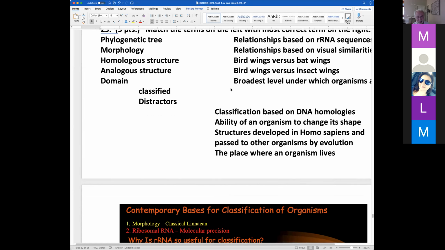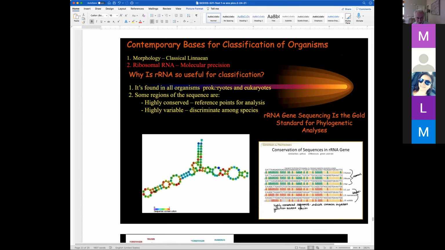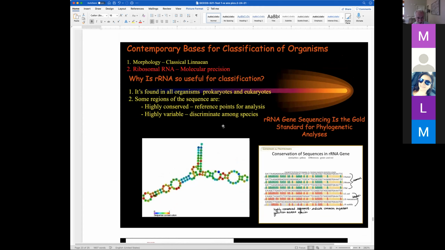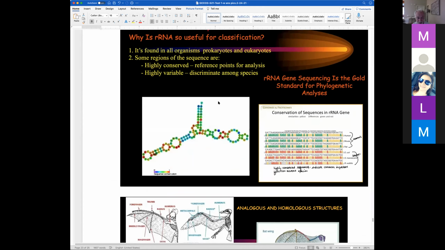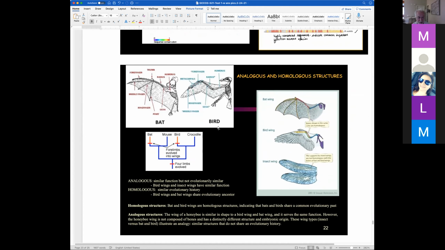And a domain is the broadest level on which organisms are classified. So again, based on the information in these slides showing that ribosomal RNA is useful for classifying organisms. And this shows the difference between analogous functions and homologous functions. So bat wings and bird wings are homologous.